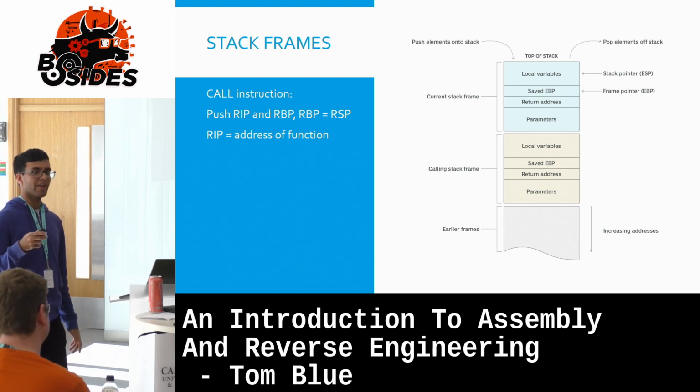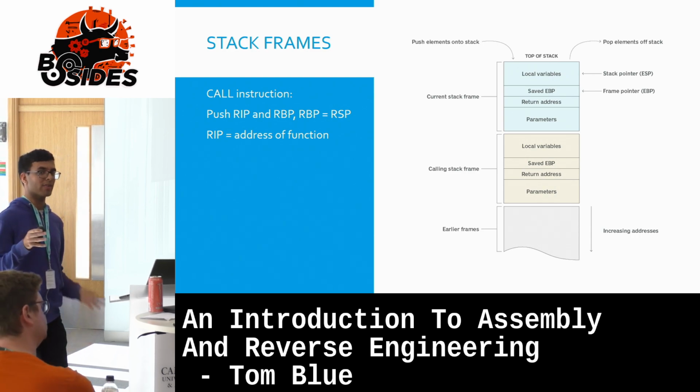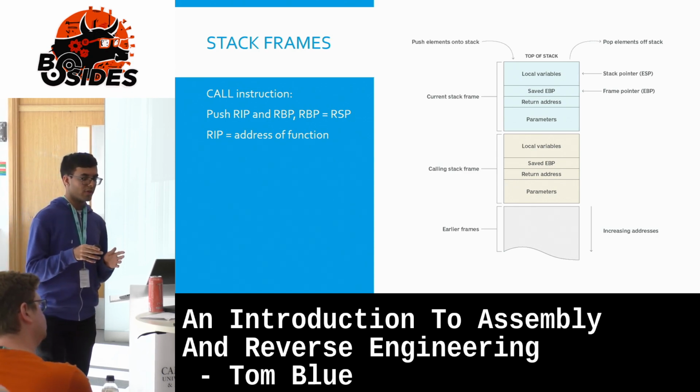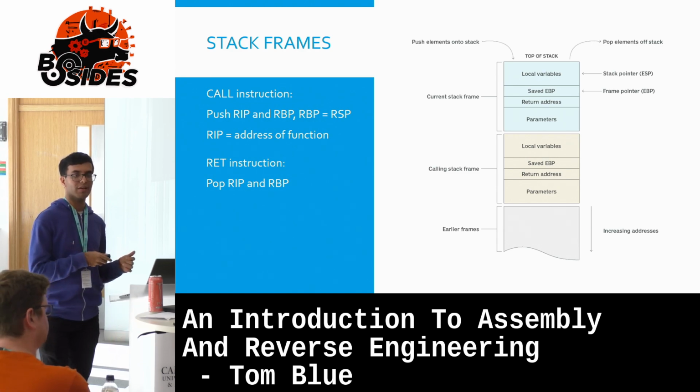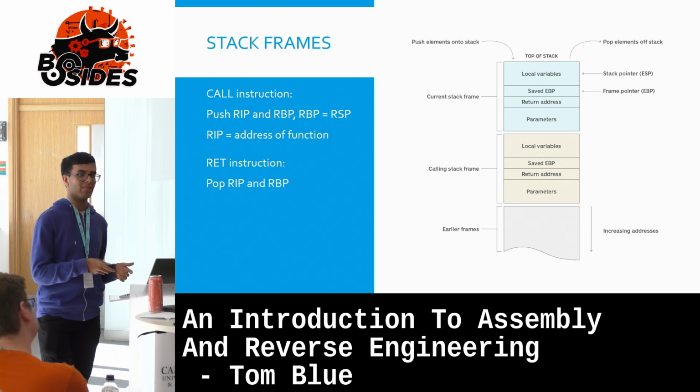Then when you return, after all variables have been used and you're back to just the saved base pointer and the return address, the return instruction will pop the instruction pointer back into the instruction pointer, and the base pointer back into the base pointer, so it returns to the previous state it was in.